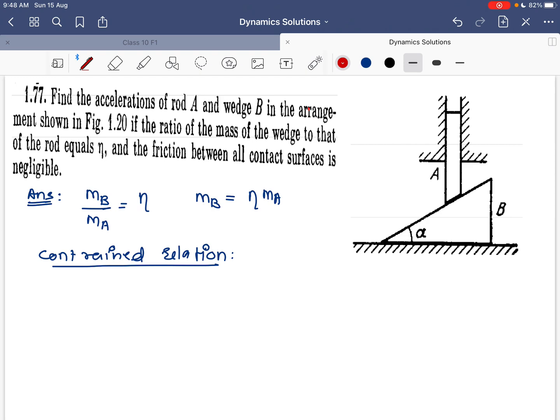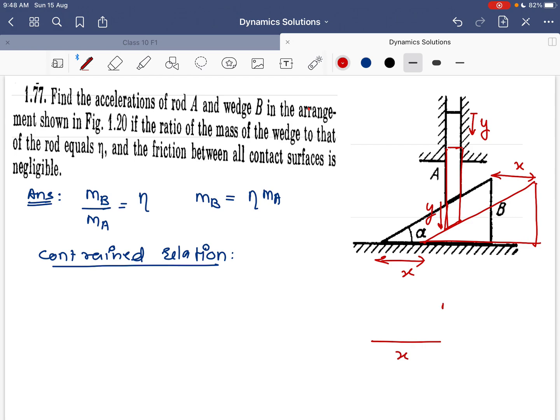So when rod goes down, say by the distance y. So let us suppose the rod goes down by a distance y, like this. In that case, the wedge will also get a slip towards left, that you can easily guess, surfaces are frictionless. So it will get slipped by x, and this is y.